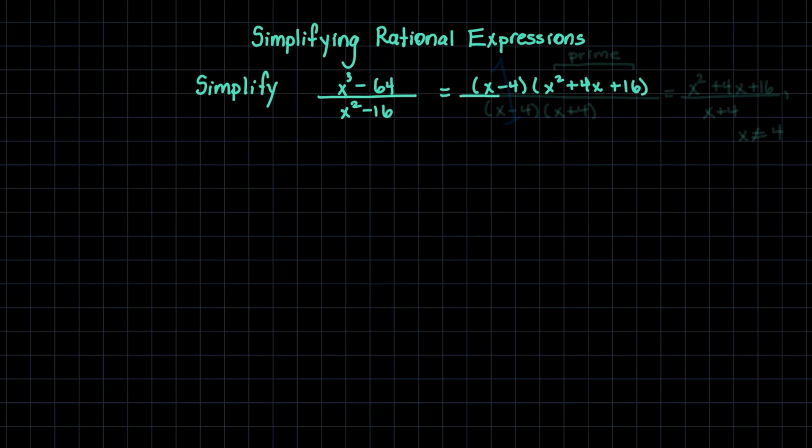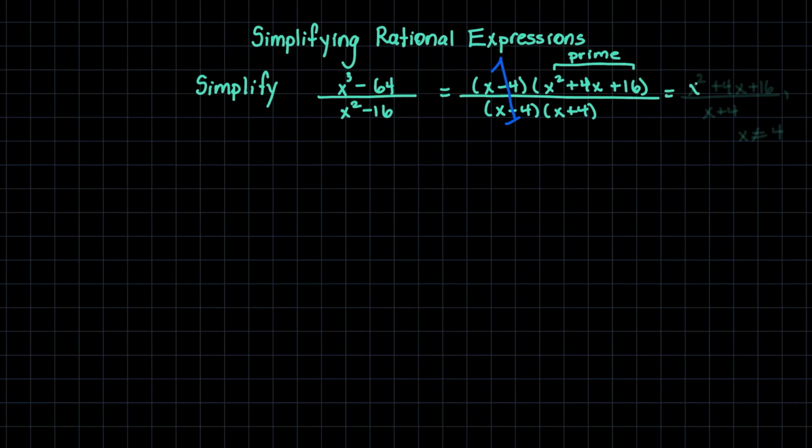In the difference and sum of two cubes, this trinomial right here is always prime, so you don't have to waste time trying to factor it. The bottom is a difference of two squares. It's going to factor to (x minus 4)(x plus 4). Our numerator and denominator both have a common factor of x minus 4.